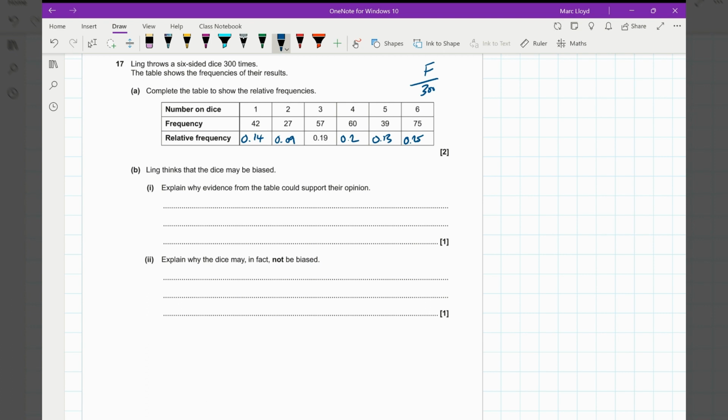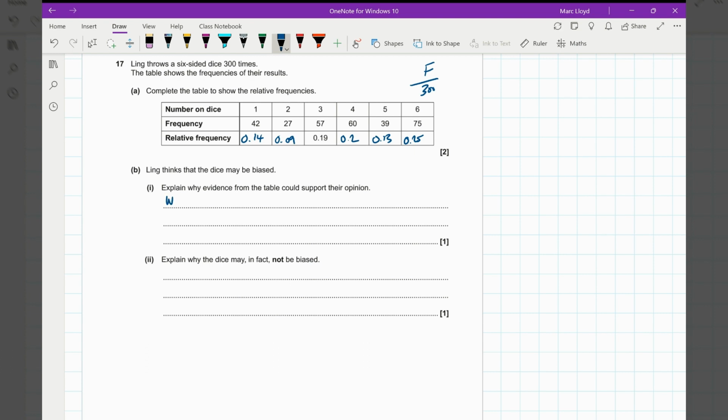Right, so Ling thinks that the dice may be biased. Explain why the evidence from the table could support her opinion. So 300 divided by 6, we'd be expecting 50. So, and then 50, it would be 1/6. What is 1/6 as a decimal? 0.16.